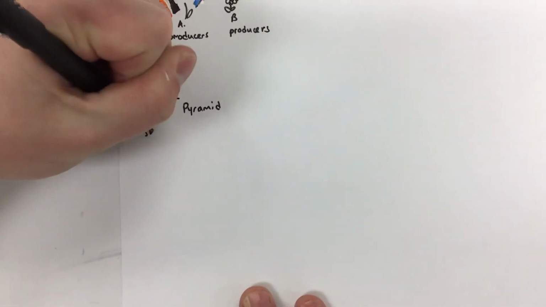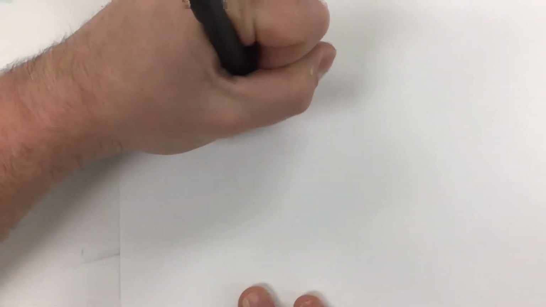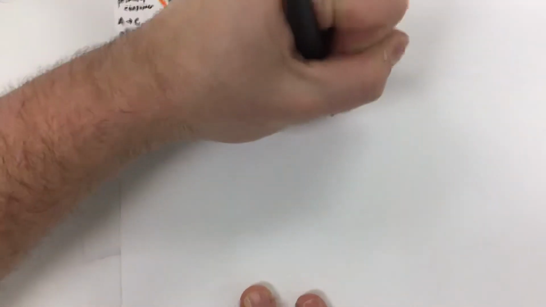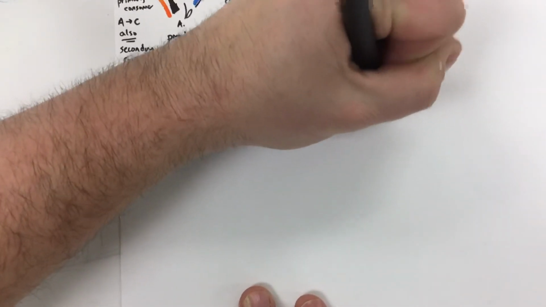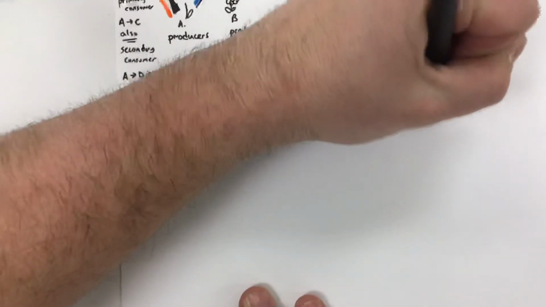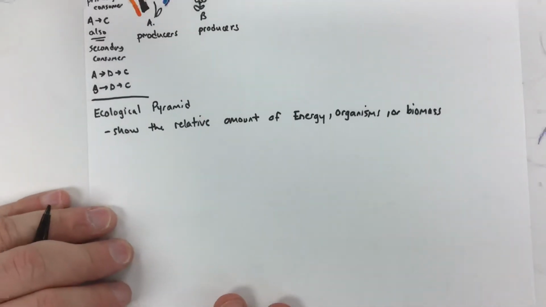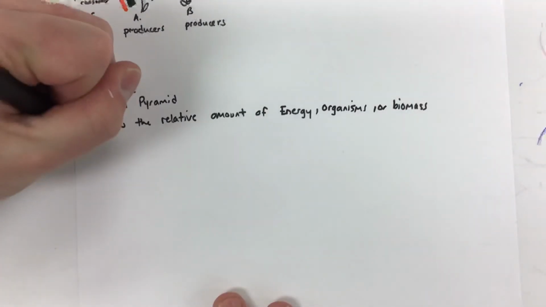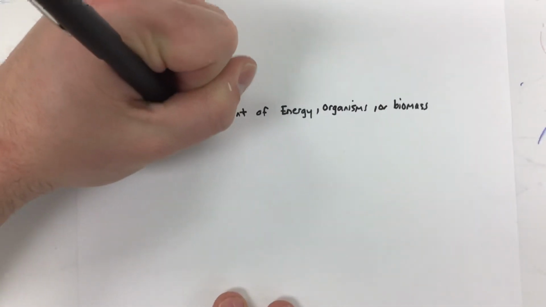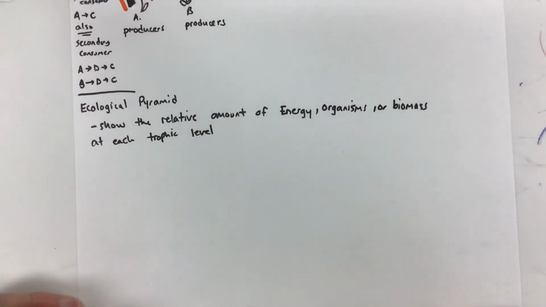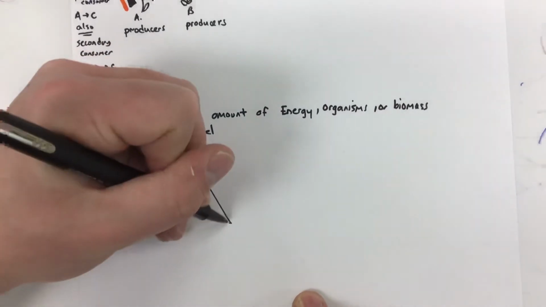What they do is they show the relative amount of energy, organisms, or biomass. We'll talk about what biomass is in a second. At each trophic level. Okay, so pyramids are what shape? Triangle or cones. Yep, I'm talking about if you're two-dimensional or three-dimensional.